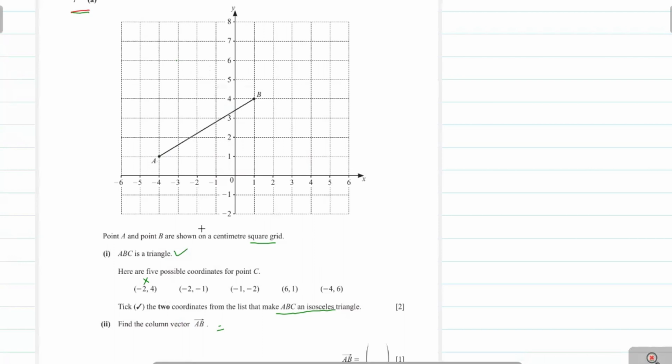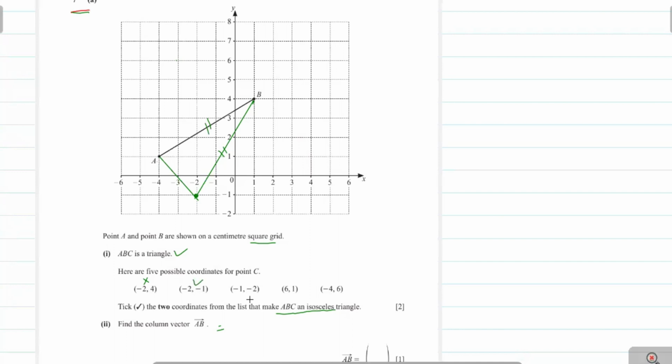The next point is (-2, -1). This is the position of (-2, -1). We will draw the triangle again, and from this triangle you can observe that the lengths AB and BC are the same. Therefore, this is the point C for an isosceles triangle.